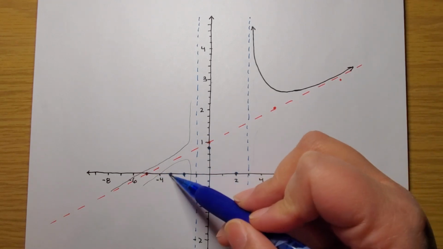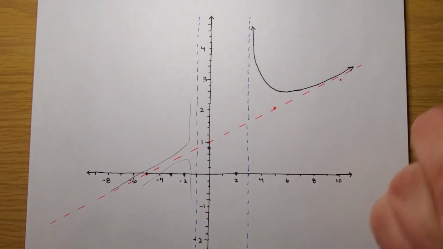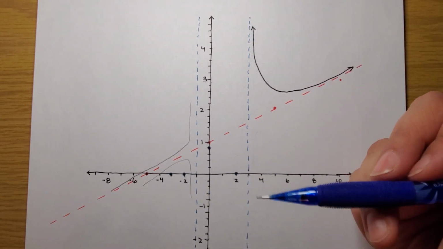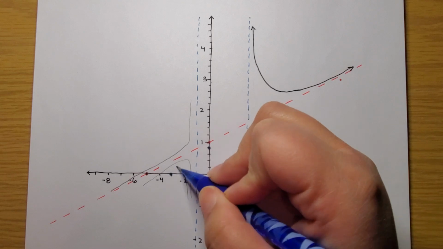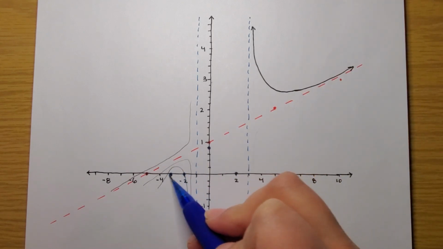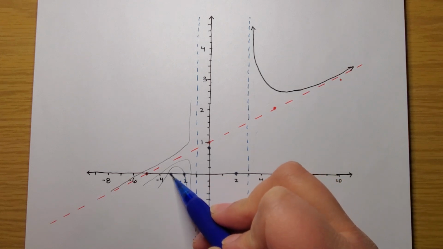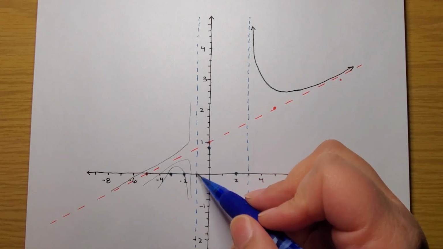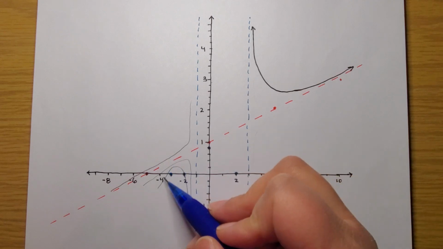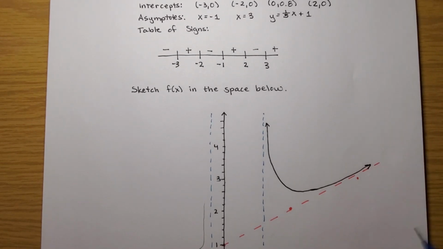And I can see by my x-intercepts that's going to be what happens. So by looking at this, I'm going to expect it probably is going to look like that somewhat. So it's going to go through those 2 points, be positive between -2 and -3, negative between -1 and -2, and after -3. So let me see if that follows our table of signs.